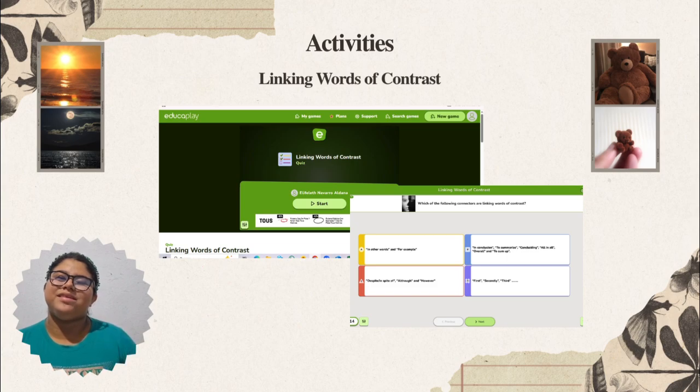In the second activity, titled Linking Words of Contrast, you will find a short test where you will need to correctly answer a multiple choice question with a single correct answer on the topic.